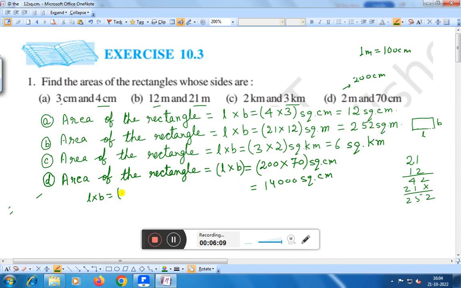This is 2 meter. 2 into, if we change this 70 centimeter into meter, it will be divided by 100, that is 70 by 100 meter, that is equal to 0.7 meter. And then it will be square meter, right? And we are getting 7 into 2 is 14, carry 1.4 square meter. In this way you can also express.